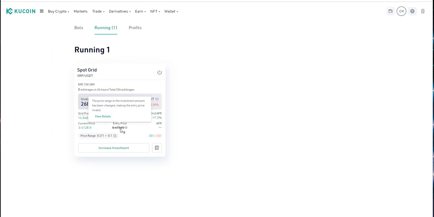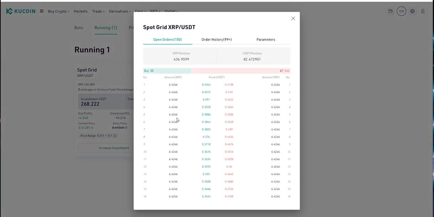It was 47 cents when I bought it. It bought a massive amount of XRP at 47 cents, and it listed it to sell. And it kept the rest of it in cash.